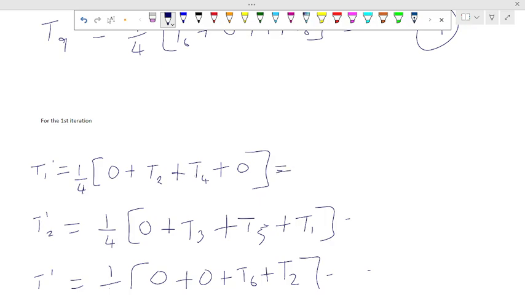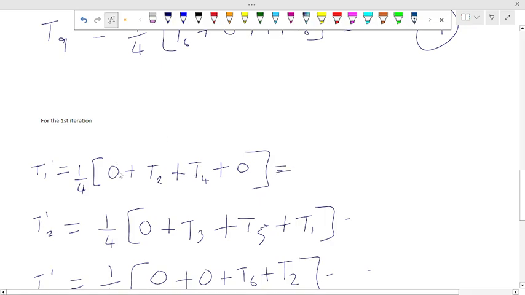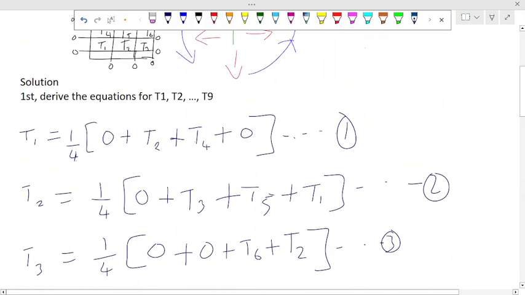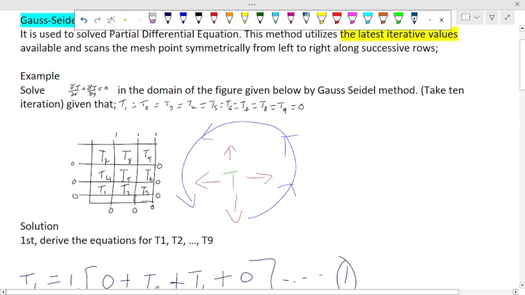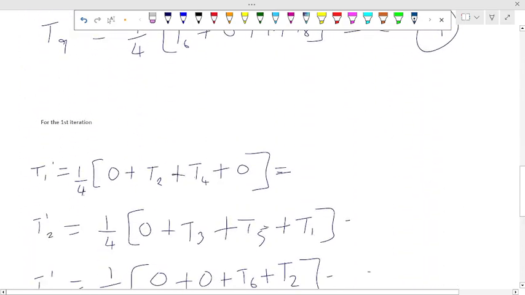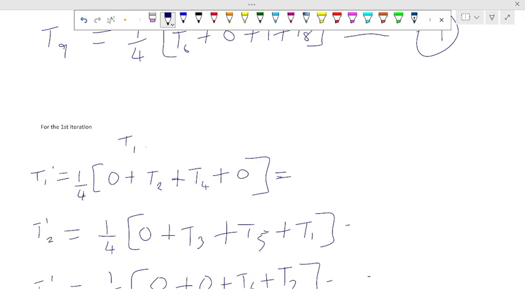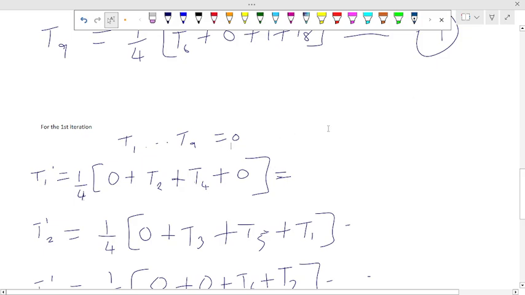So for the first iteration, what will be the answer for T1? Because now we need a value. T0 is 0, of course. T2, what is T2? T2 is 0. Remember, the first iteration, everything we have is 0. Let me just write it here so I don't need to come back again and again: T1 to T9 equals 0 for the first iteration.